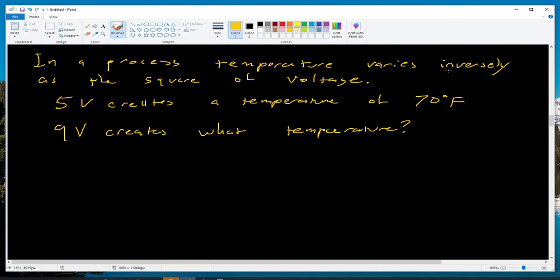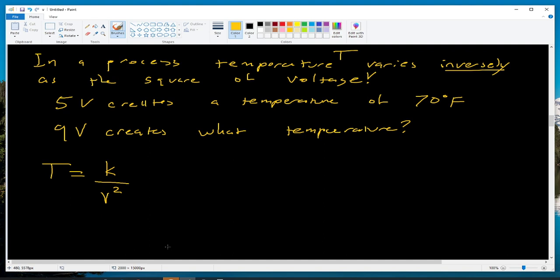So again, we look for our keyword. This time we're varying inversely. Temperature, let's use T. The voltage, let's use V. So temperature varies inversely. Inversely means we divide into the K, and it's the square of the voltage, so it's voltage squared.